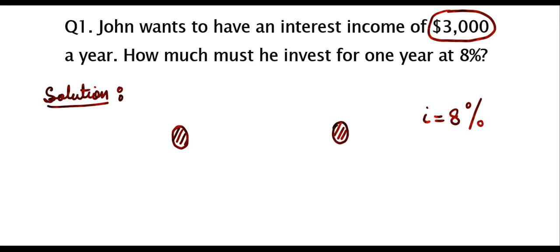That means whatever you deposit here at time 0 for 1 year, you get an extra income of 3,000. So how much do you need to deposit so that you will get 8% interest on your money?